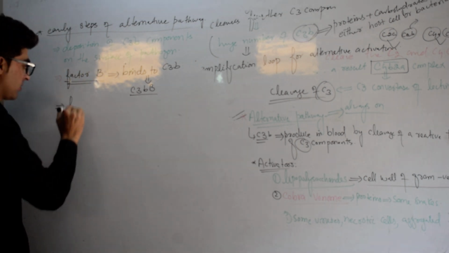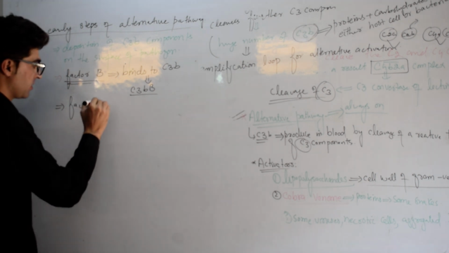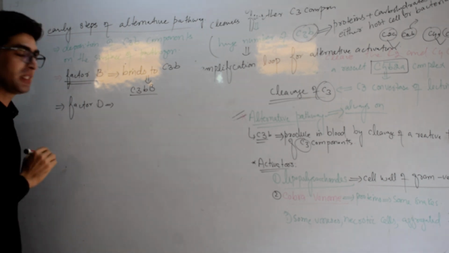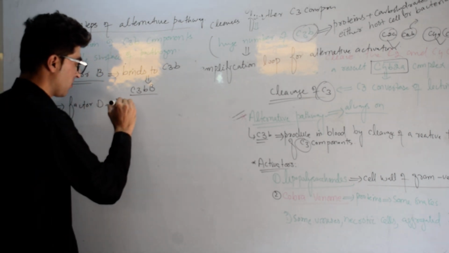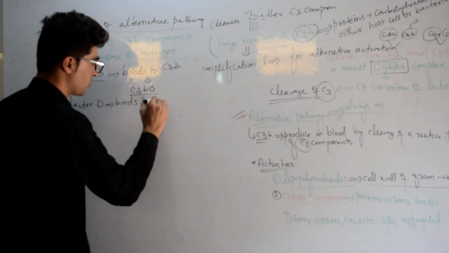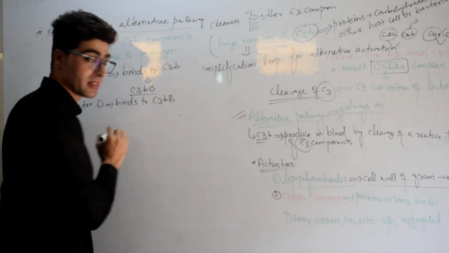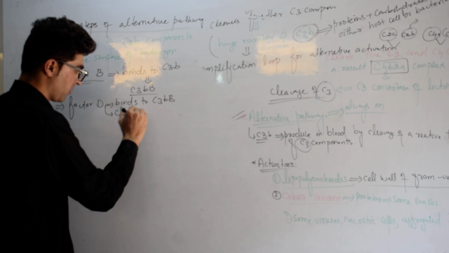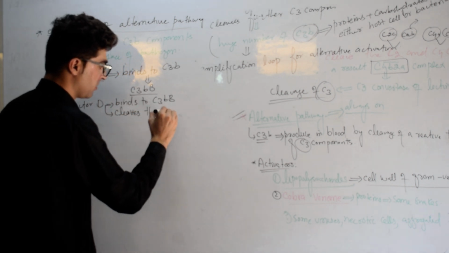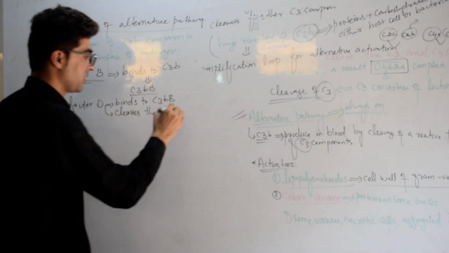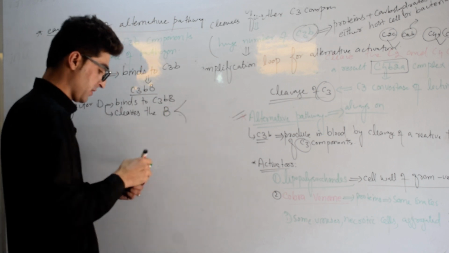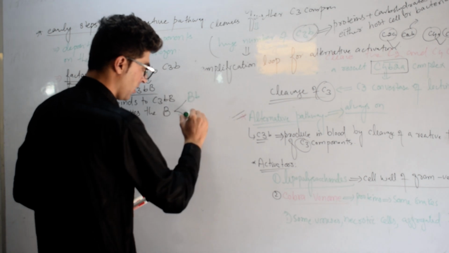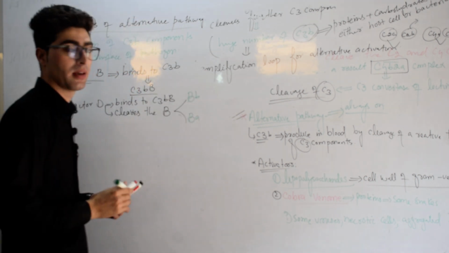Next, in blood serum there is another factor called factor D. This factor D is going to bind to the C3bB complex and cleave the B component into two fragments, Bb and Ba.